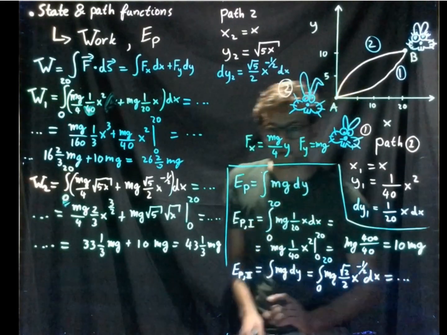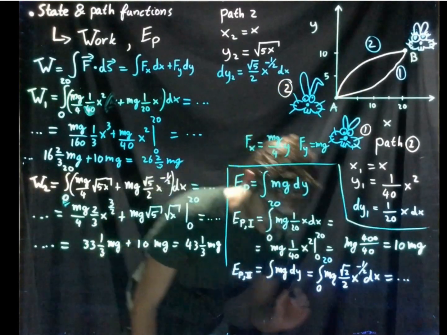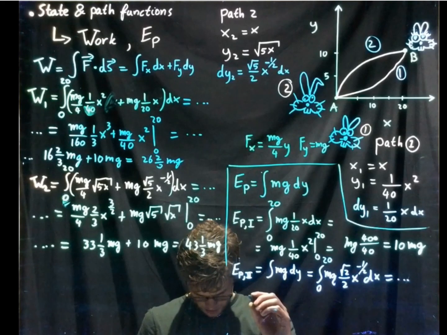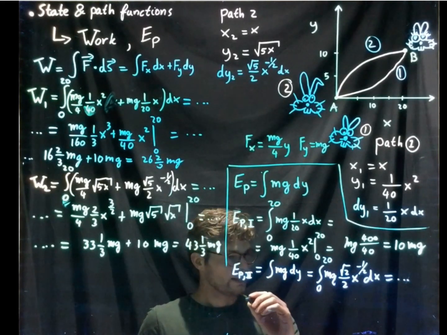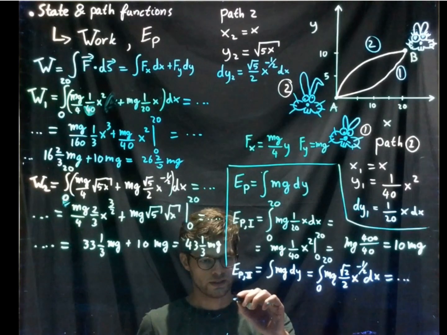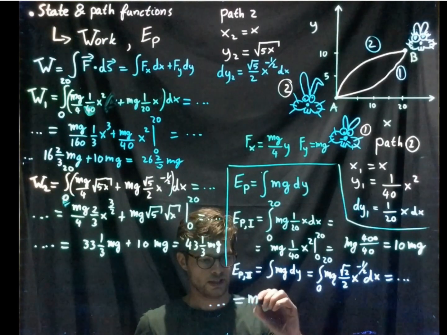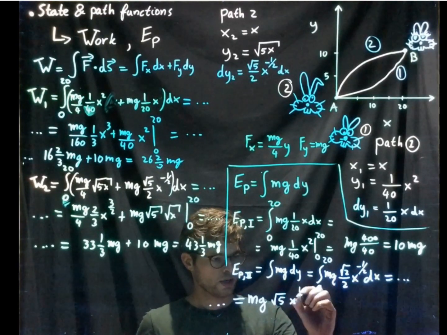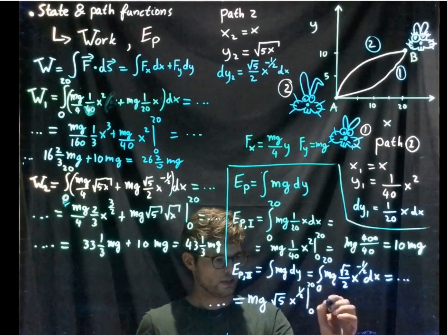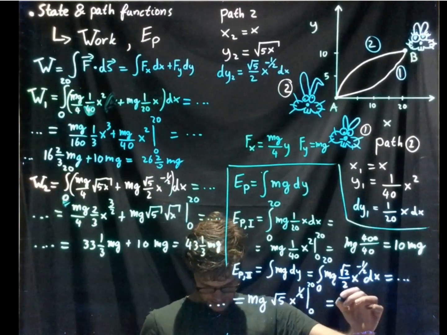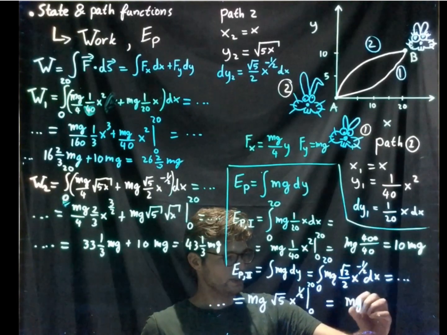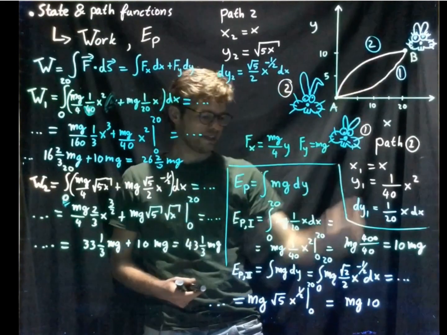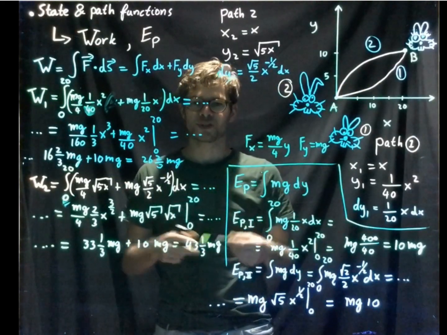I'm going to write the answer down, but again feel welcome to do it yourself. This will be equal to mg times square root of 5 x to the power 1/2 between 0 and 20. And if you calculate this, it will lead to mg 10. So rabbit 2 has gained 10 mg of potential energy as well.